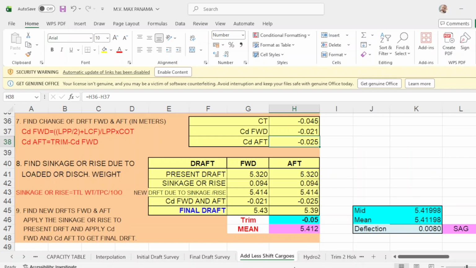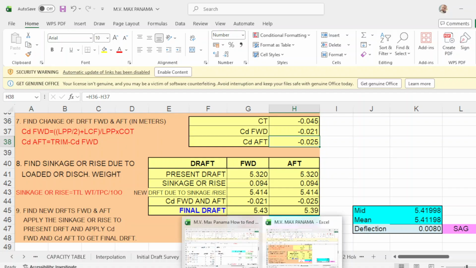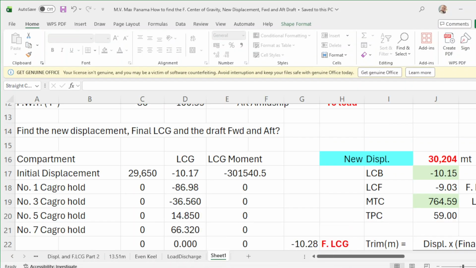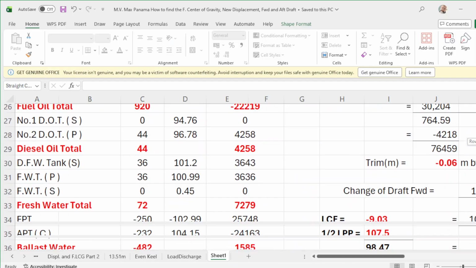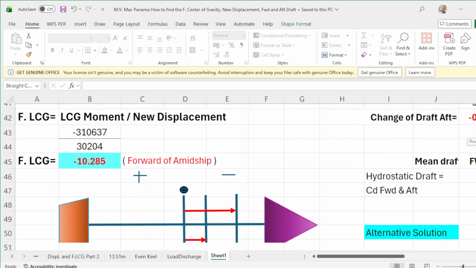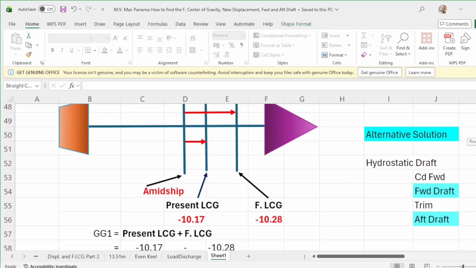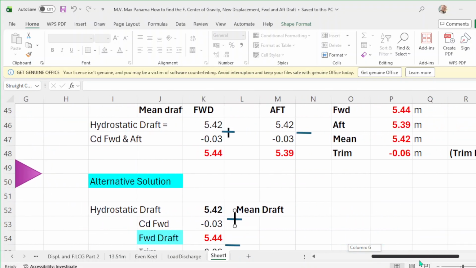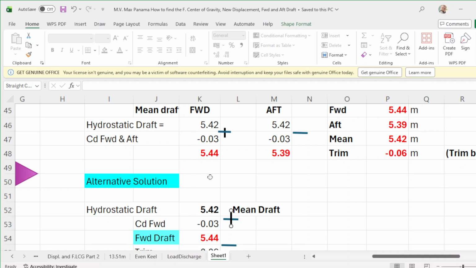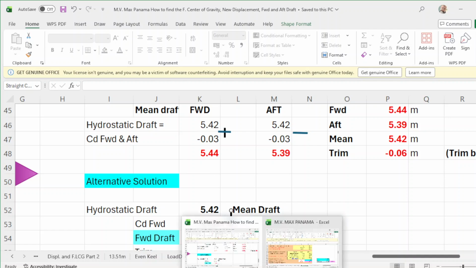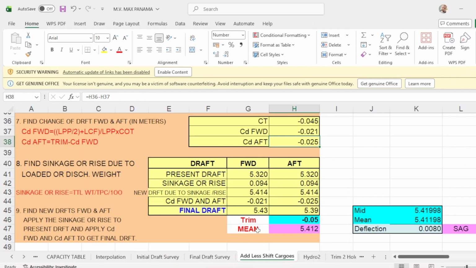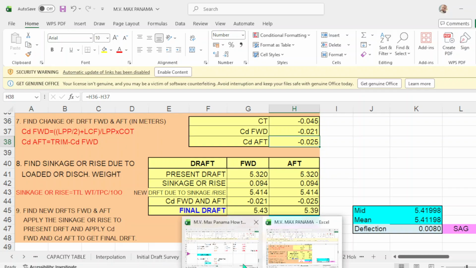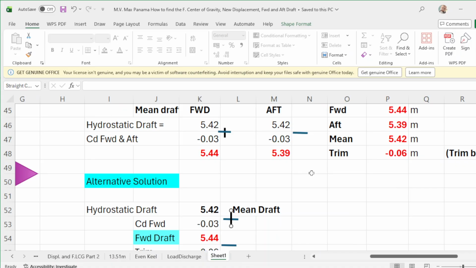But that will be the same with this figure here. Forward will be 5.44, but your program says 5.43, and your up draft is 5.39, and you got here up is 5.39.